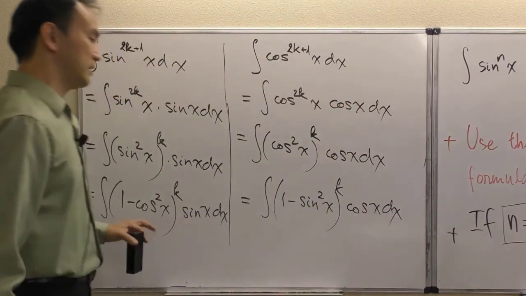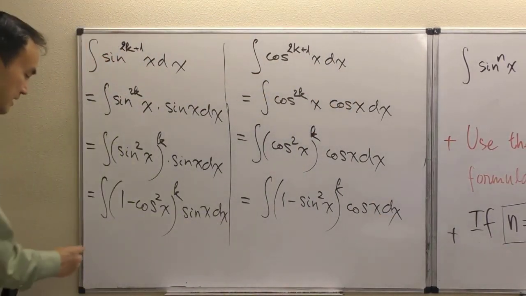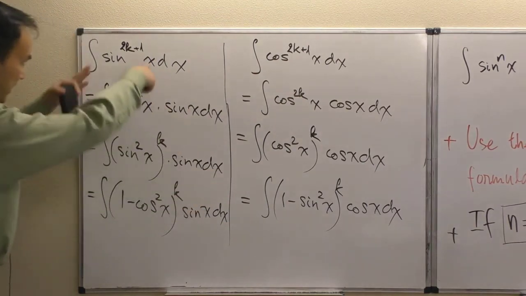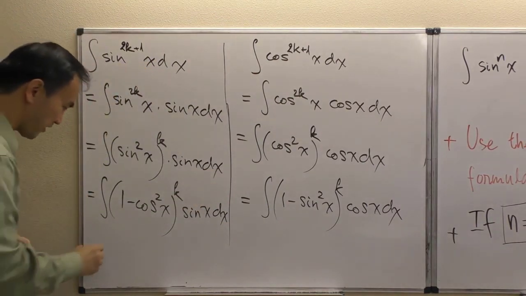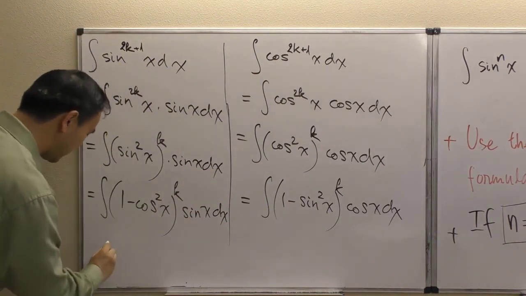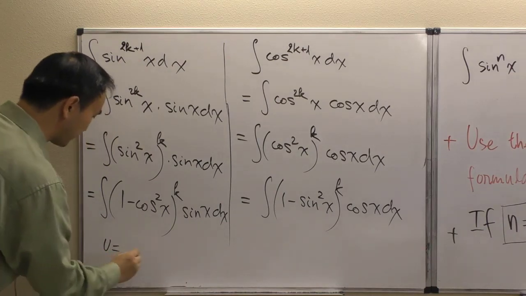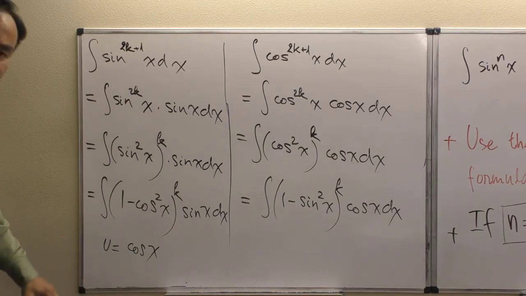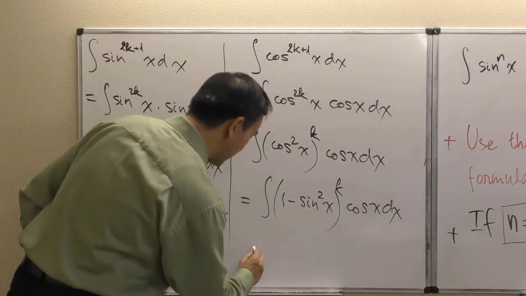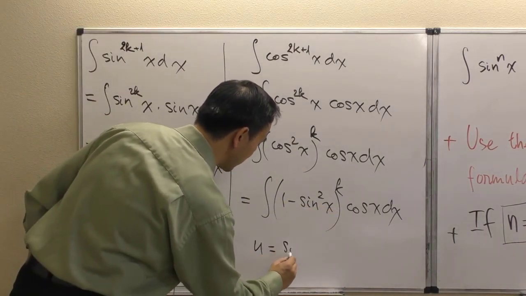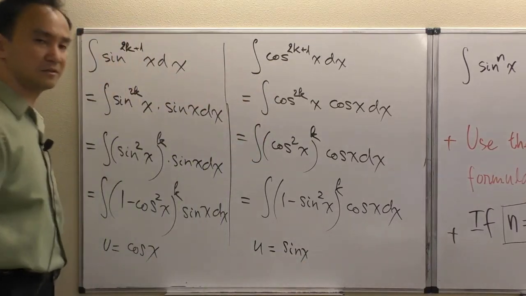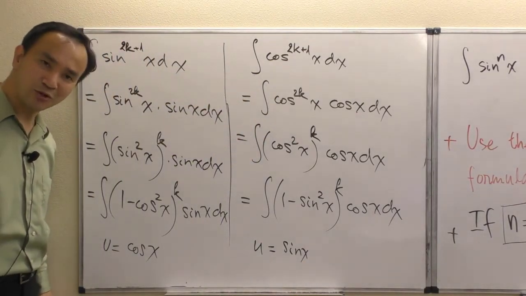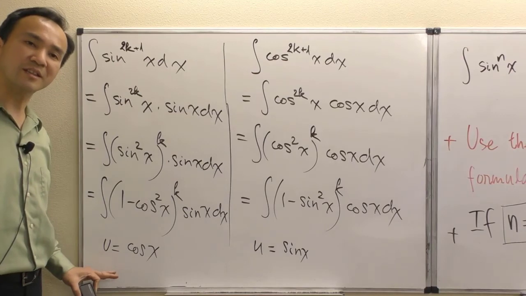The advantage now is that if we started out with a sine function and ended up with something like this, then we can substitute u for cosine of x. That's the substitution. And here we can substitute u with sine of x, and then proceed to follow the substitution method.